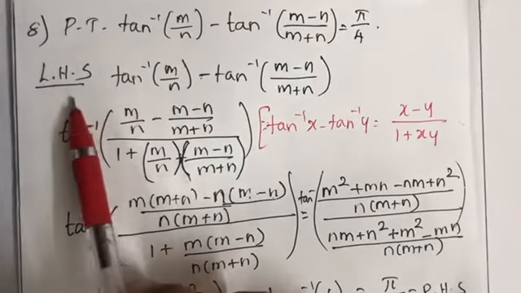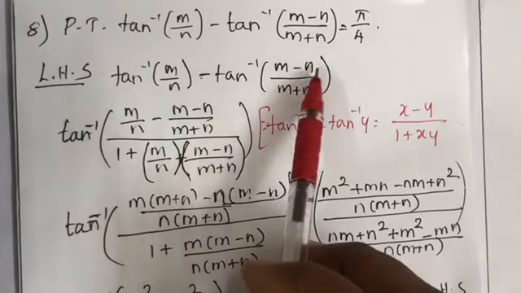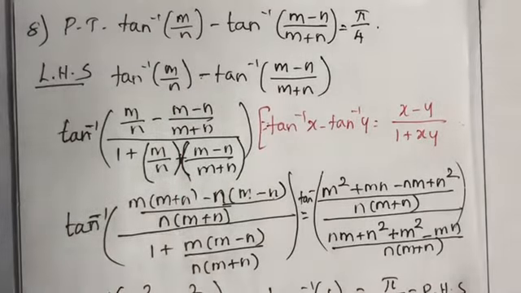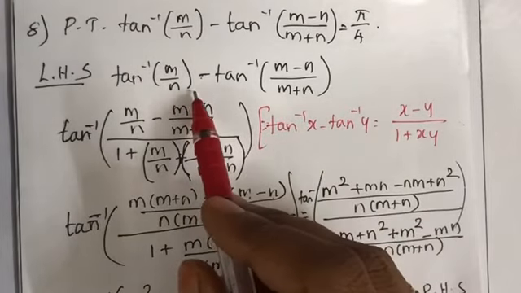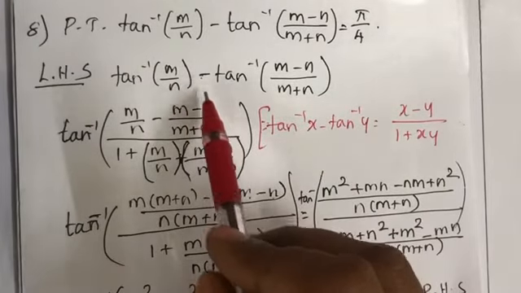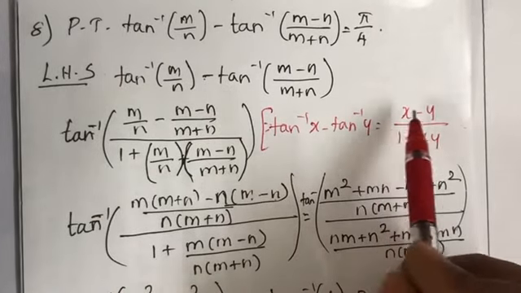So first let us take LHS, tan inverse m by n minus tan inverse m minus n by m plus n. The same formula, tan inverse x minus, but in the previous problem we used the plus sign. Now it is minus tan inverse y, that is equal to x minus y.